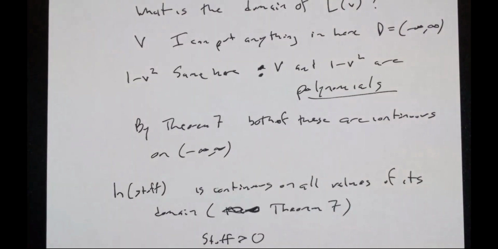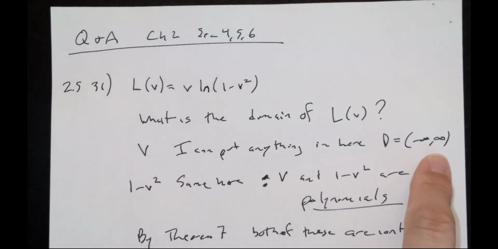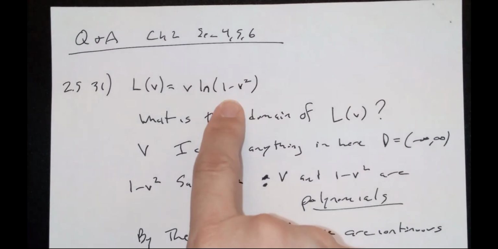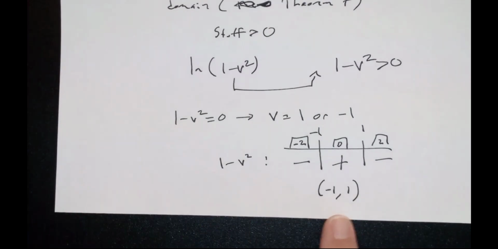If I'm multiplying the two pieces, I need to look at the restrictions. If f and g are both continuous at the same place, then f times g is continuous there. This piece is continuous everywhere. This piece is only continuous here.